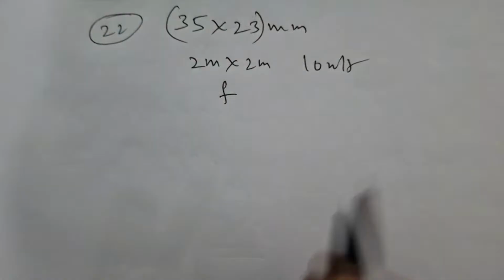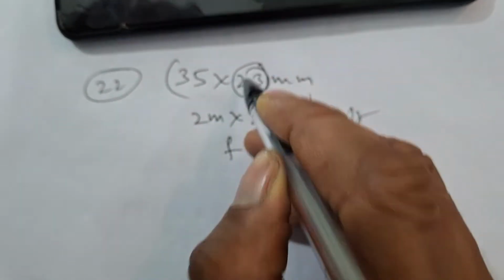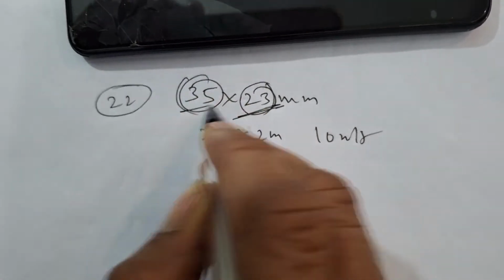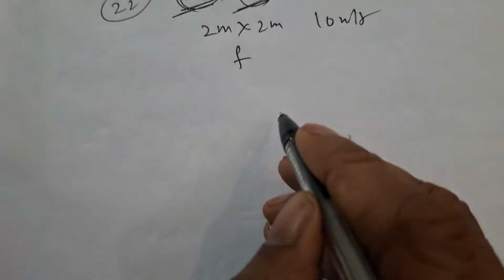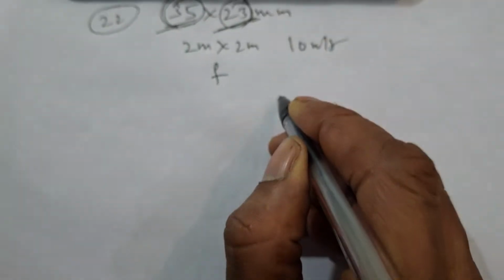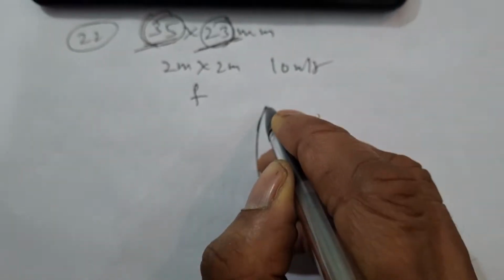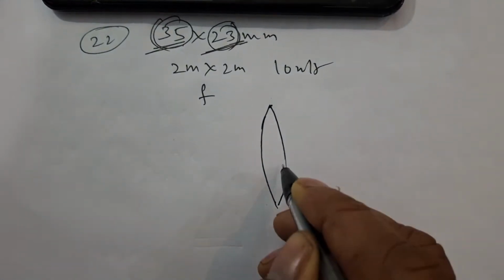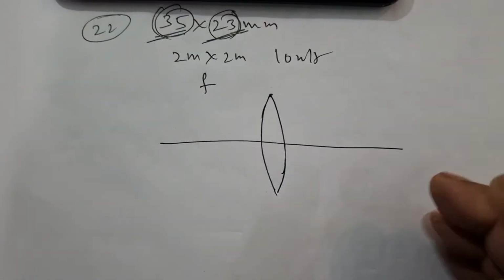You can't project 23, take 35. Why? This is the lens of the projector. A projector carries a simple lens.